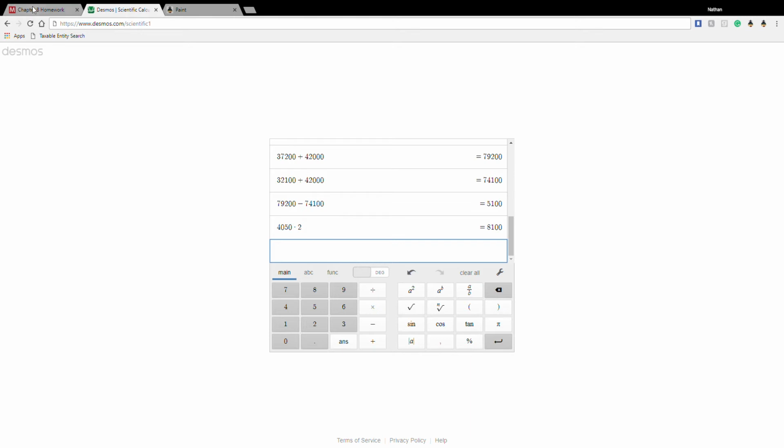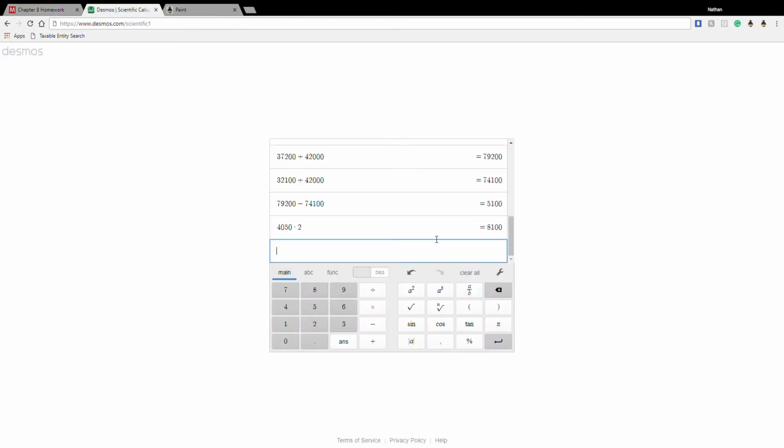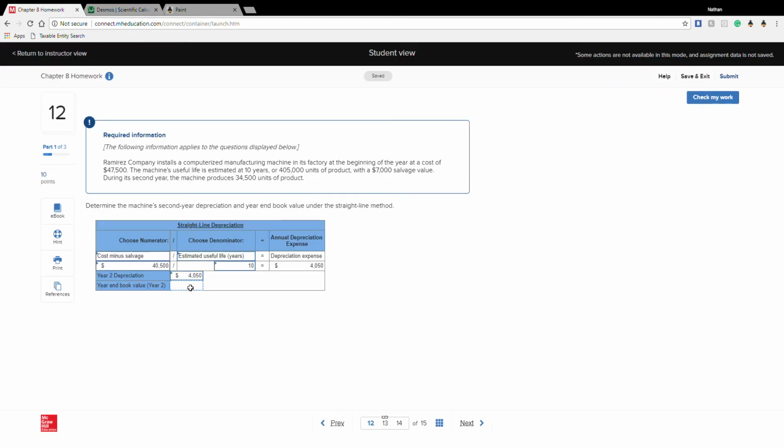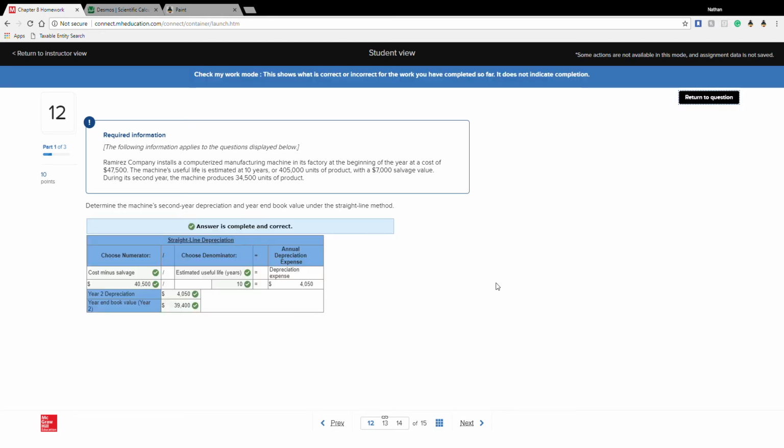So we're going to take our initial cost, which is right up here, 47,500, and subtract out 8,100. Okay, so our book value at the end of year 2 should be 39,400. And we'll see if Connect is agreeing with us. It is. Cool. Gravy sauce.